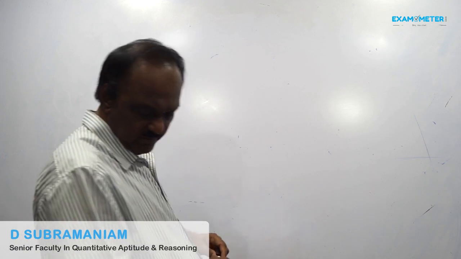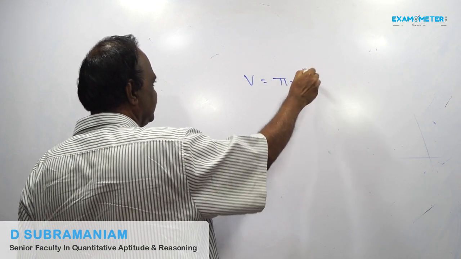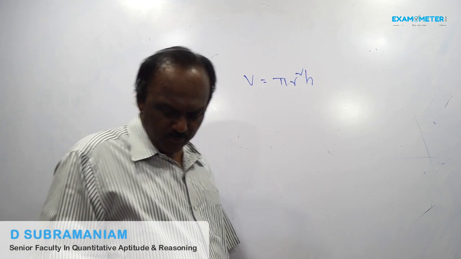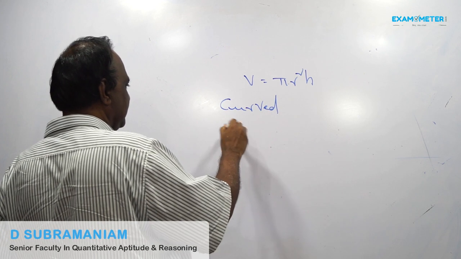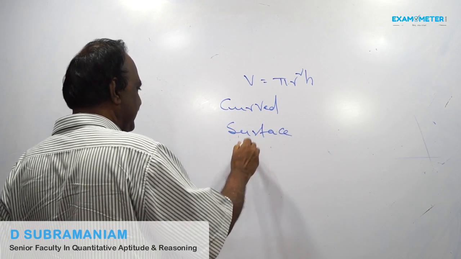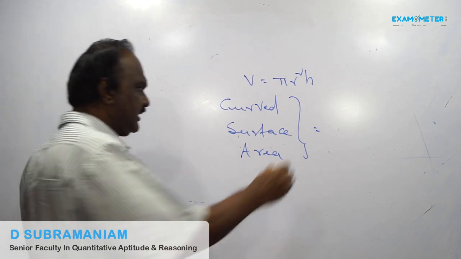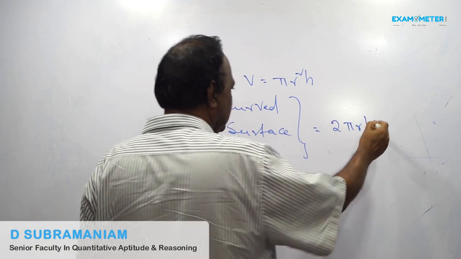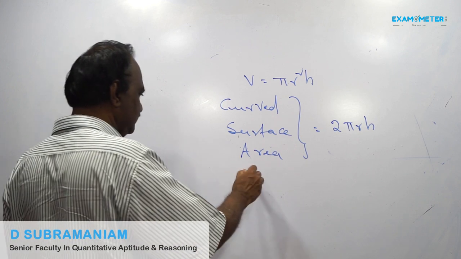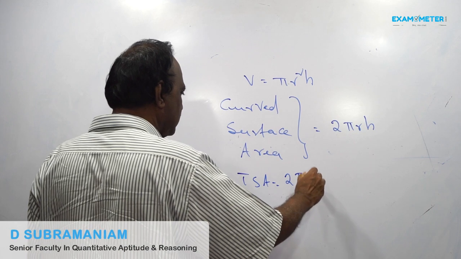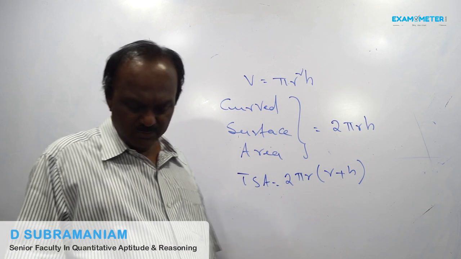Volume of a cylinder is pi r square H. Curved surface area is 2 pi r H. Total surface area is 2 pi r into (r plus H).